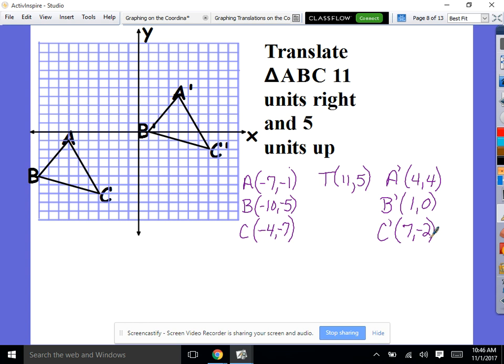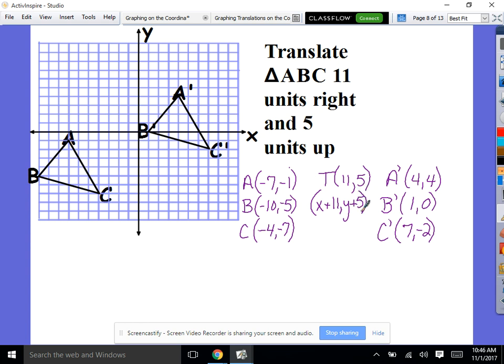All right, if you remember yesterday, this 11 units right and 5 units up was our verbal rule for the translation. And T(11, 5) was another way to show it, but we also said you could show it as x plus 11, y plus 5.